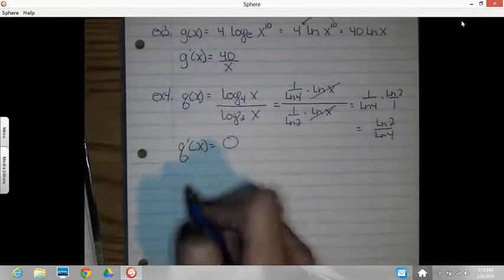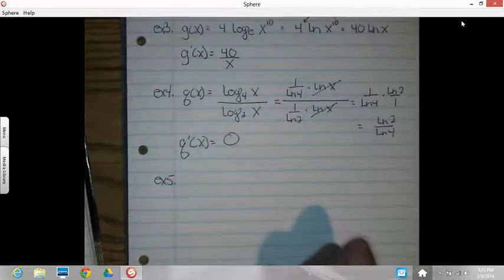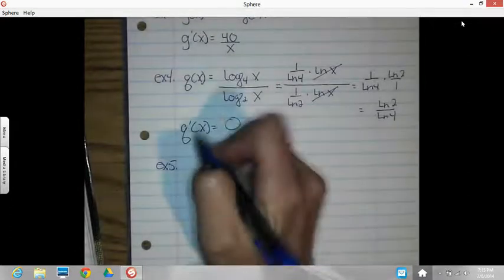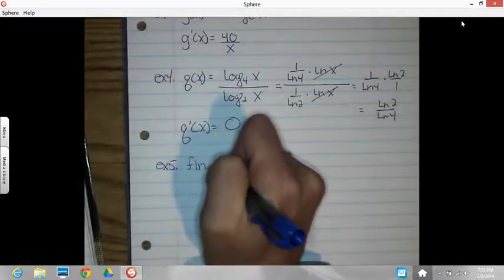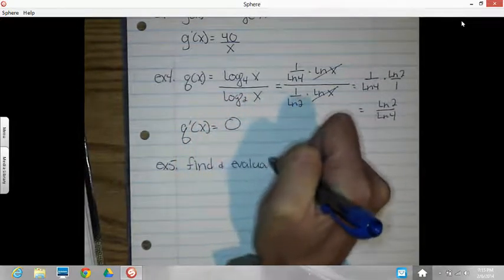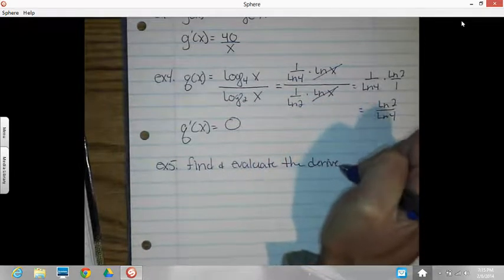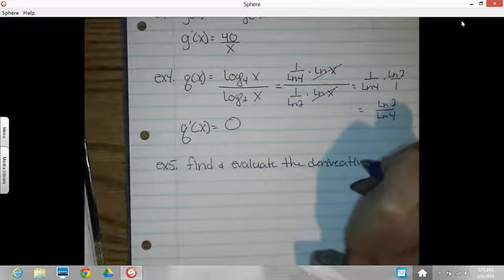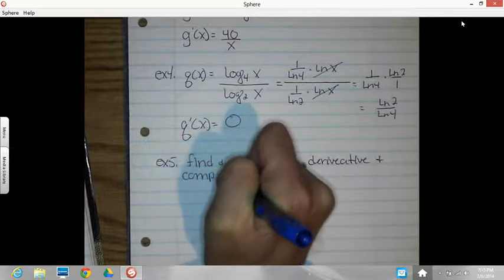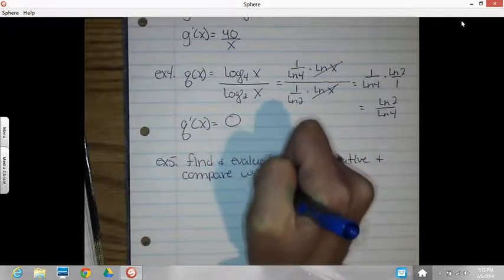All right, number 5 says find and evaluate the derivative and compare with the nDeriv. Find and evaluate the derivative and compare with nDeriv.